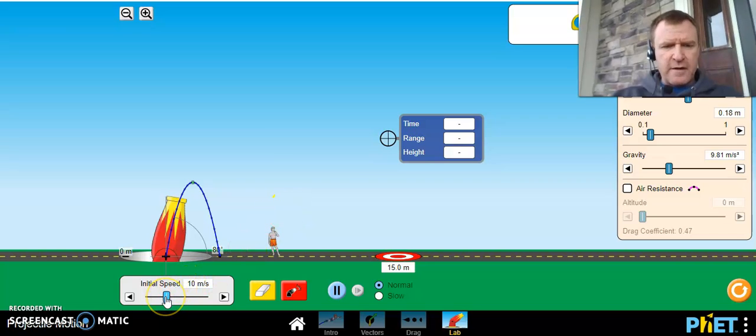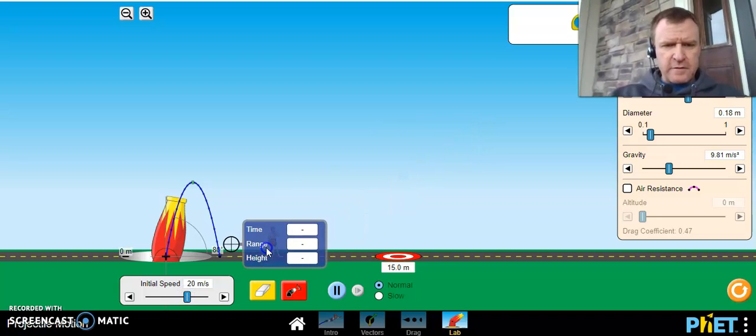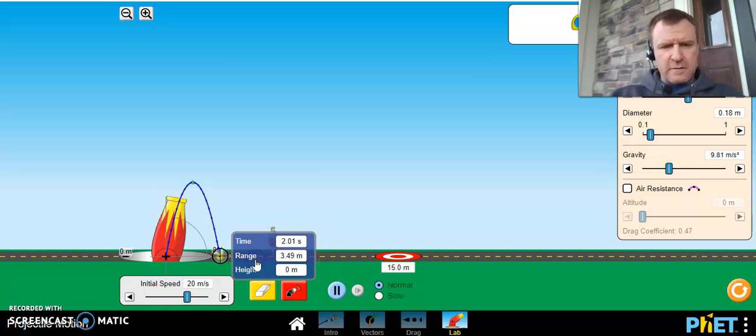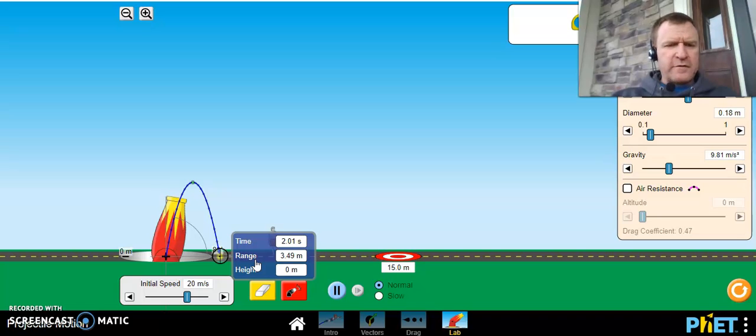Now we're going to have the same angle, 80 degrees, and let's double the speed. The first one took right about 2 seconds. Now we're doubling the speed. What's that going to do to the time? Well, if you look at the y component, it will be 20 times the sine of 80 degrees versus the previous one, which was 10 times sine of 80 degrees.